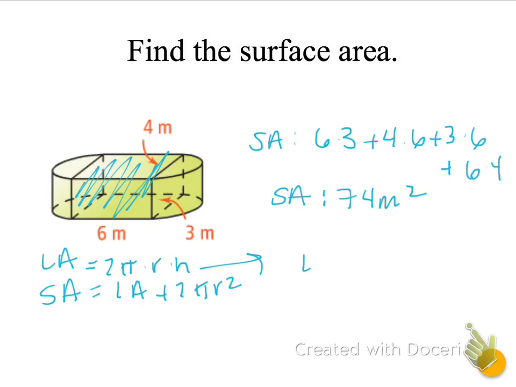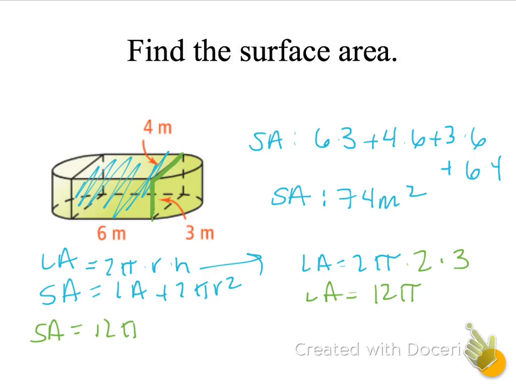So I have 2 pi times my radius. If we look, this all the way across is 4, so my radius is going to be 2, times my height from the top of my cylinder to the bottom of my cylinder, which is 3. 3 times 2 is 6, 6 times 2 is 12, so my lateral area is 12 pi.